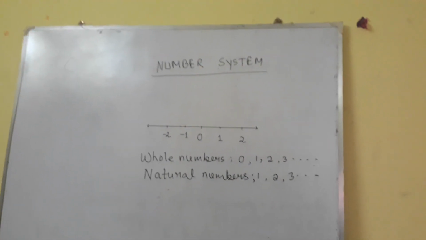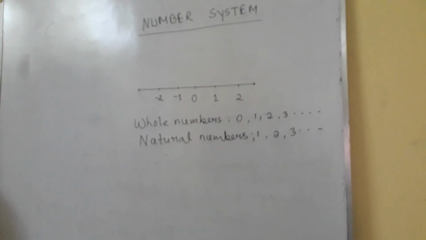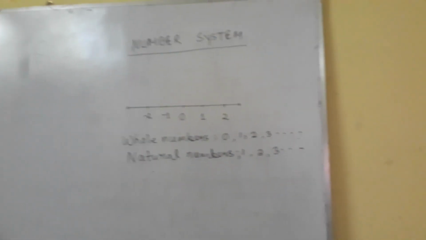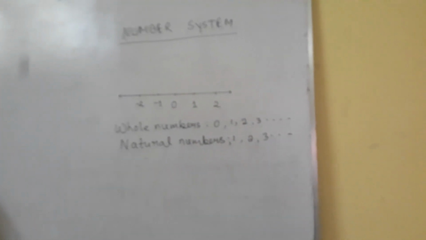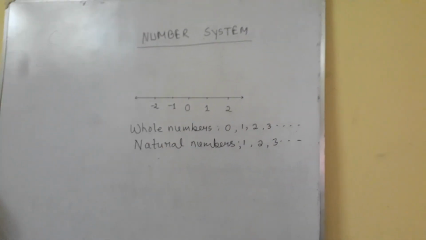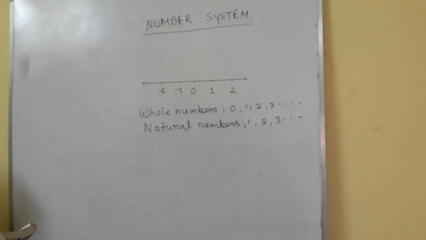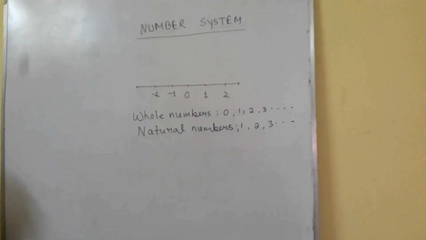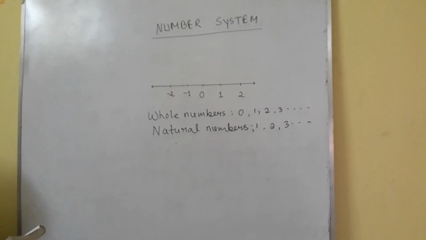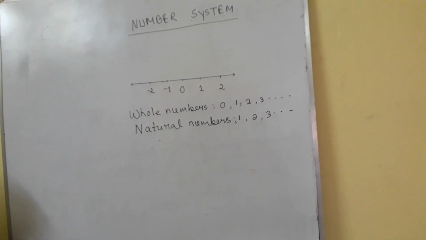Today's topic is number system. In your earlier classes, you have learned the number line and how to represent various types of numbers on it. You have an idea about that. Now, on the number line, if we start from 0 and go on walking along this number line in the positive direction, we can see all the positive numbers.